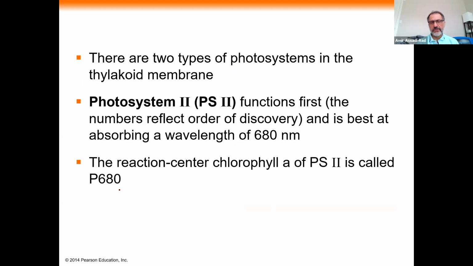Photosystem 2, PS2, functions first. It best absorbs a wavelength of 680. Again, I'm not too crazy about that number, but you never know. The reaction center of chlorophyll A of photosystem 2 is called P680. So you remember chlorophyll A participates in the photosynthesis directly.